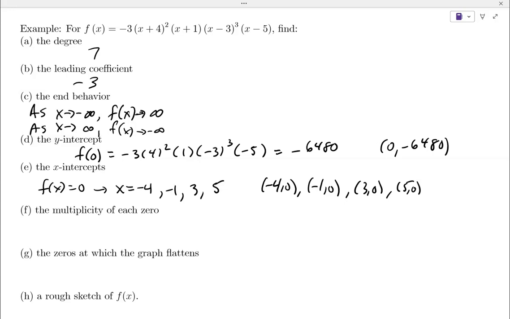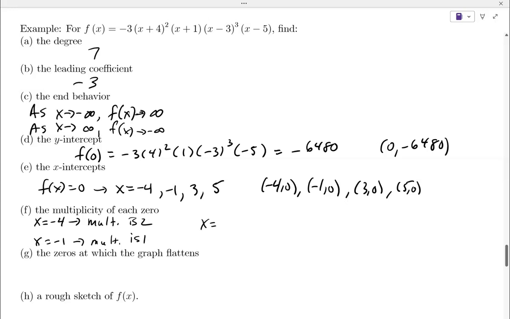Yeah, the powers on the factors that those came from, right? So for x equal to -4, the multiplicity is what? Good. For x equal to -1, what's the multiplicity? 1, good. The power on the x here is an understood 1, right? Up there at the top.